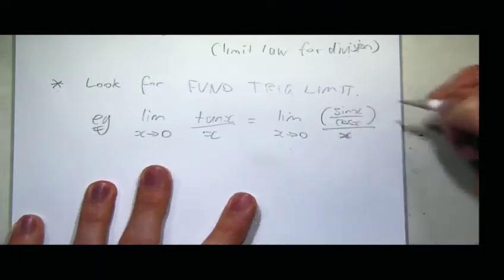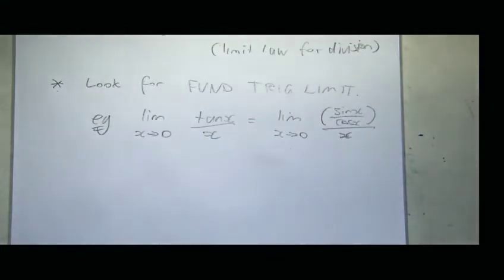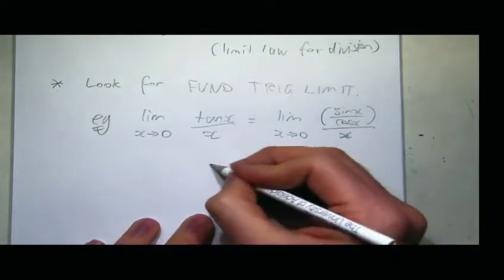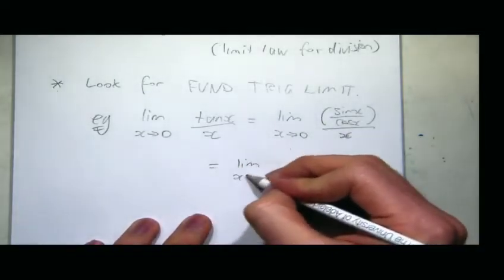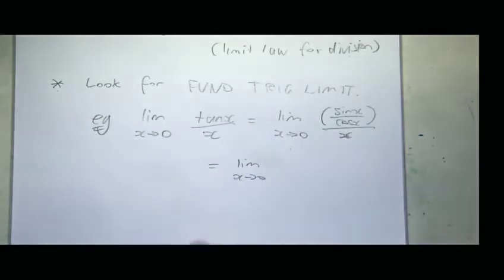So I can do, the tan can be replaced with a sin x over cos x, which would introduce a sine. We need a sine because we want to use the fundamental trig limit. I'm going to go sin x, going to rearrange that fraction.